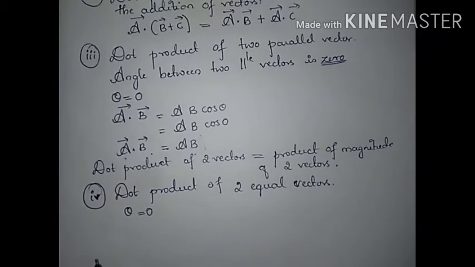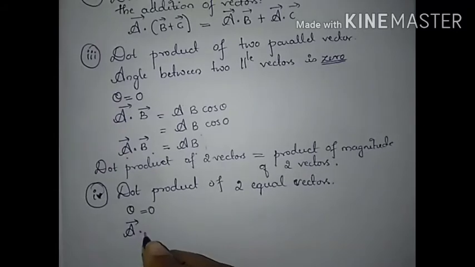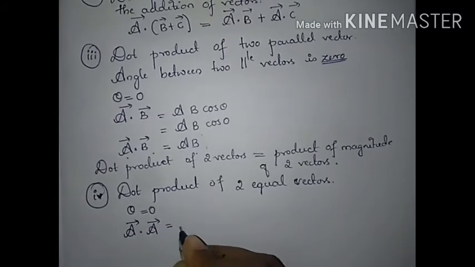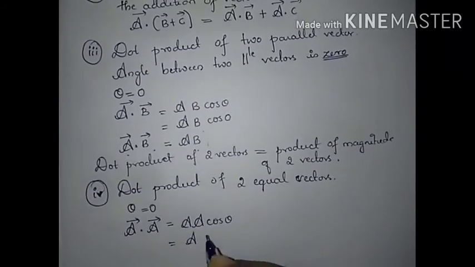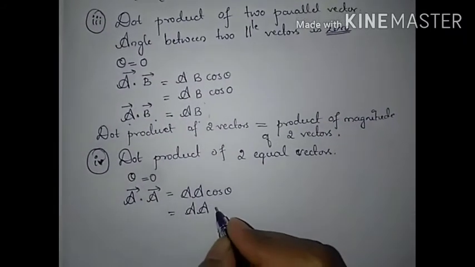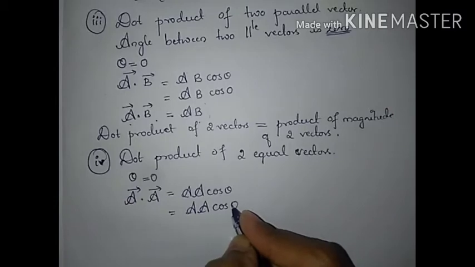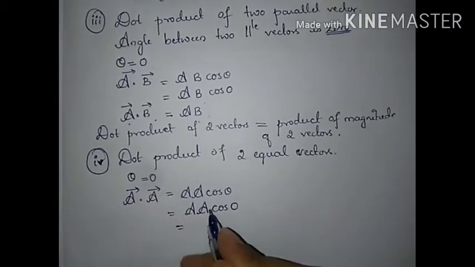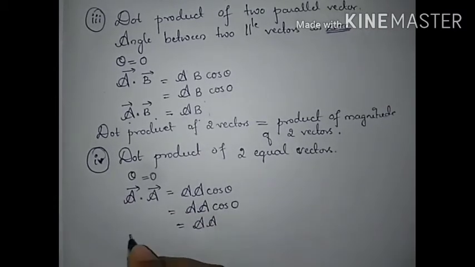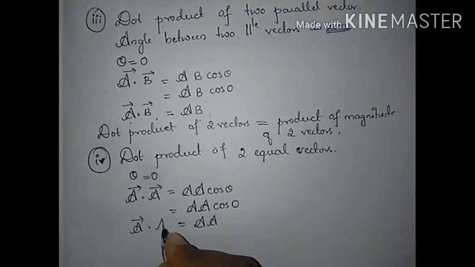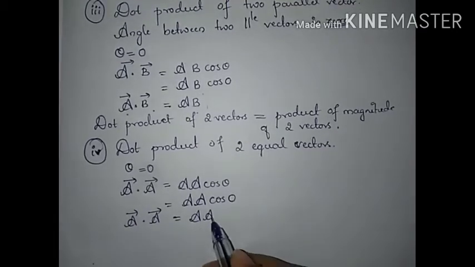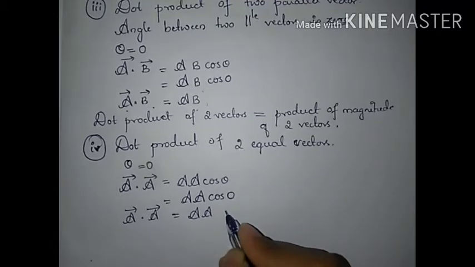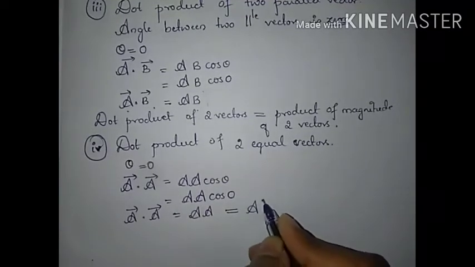So the dot product of two equal vectors can be written as A dot A is equal to AA cos theta. Now cos 0 is 1. What remains is AA, so A dot A is equal to the product of the magnitudes of vector A, and this can also be written as A square.